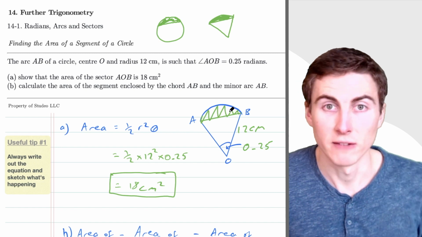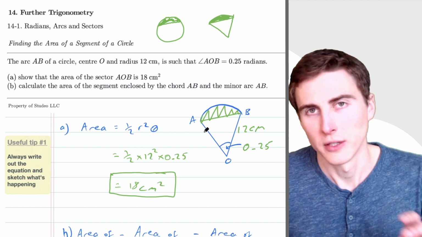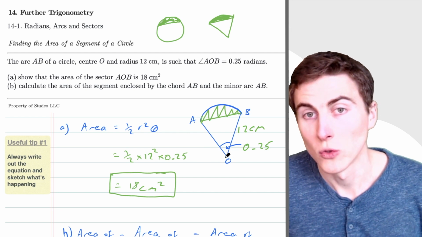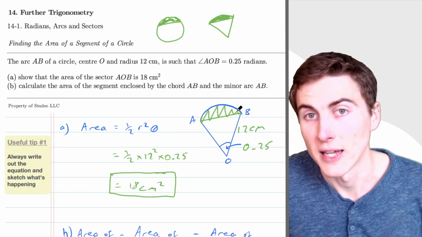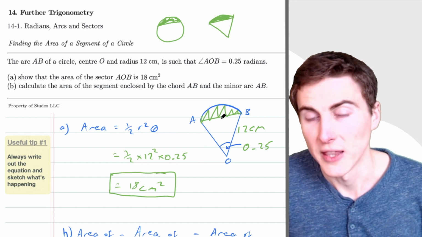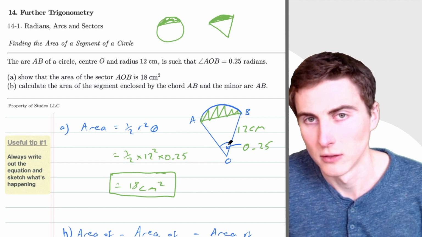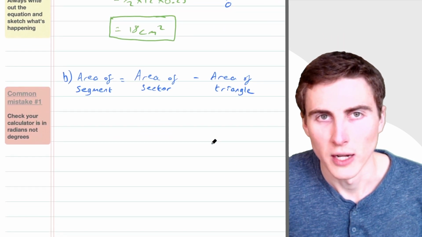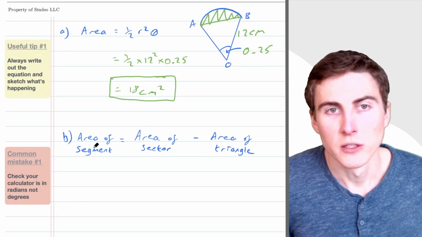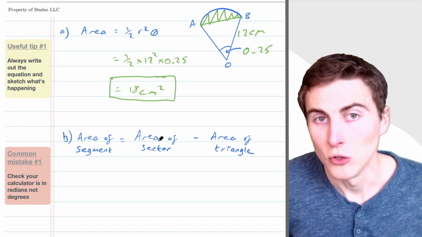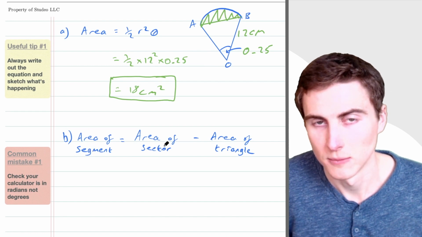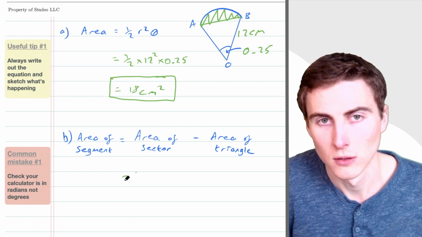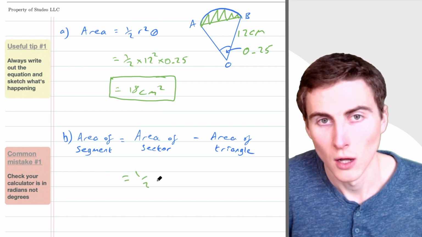And to find that, there isn't really an equation. I mean, there sort of is, but instead of thinking about it as one equation, you want to think, what's the area of this entire sector, and then take away the area of this bit here. So to find the area of a segment, you do the area of the entire sector, which remember is 1/2 r squared theta.